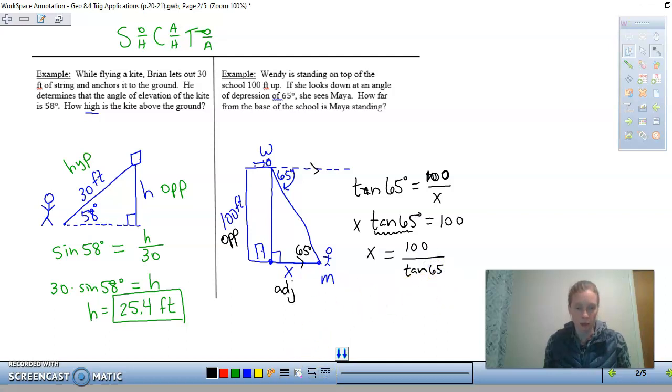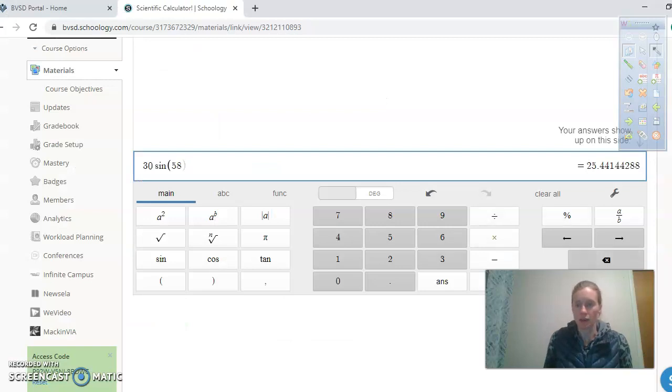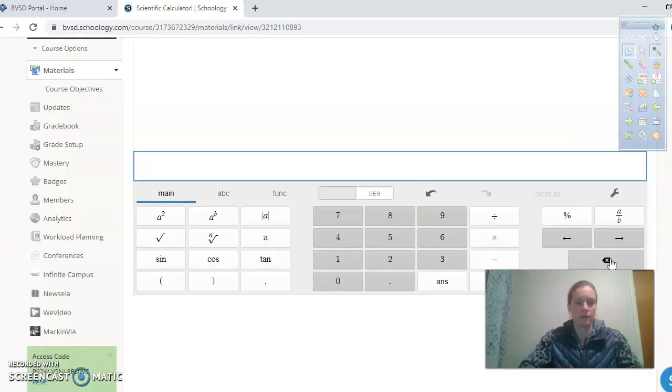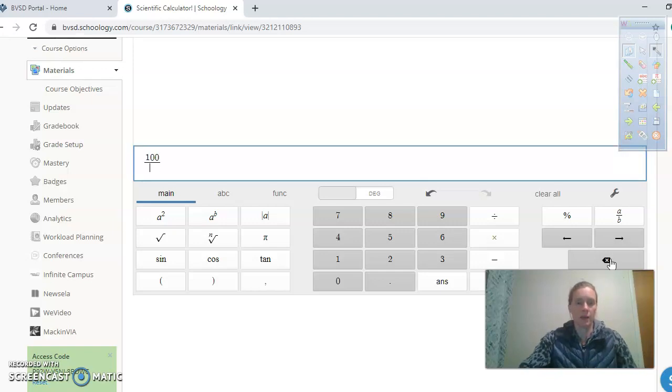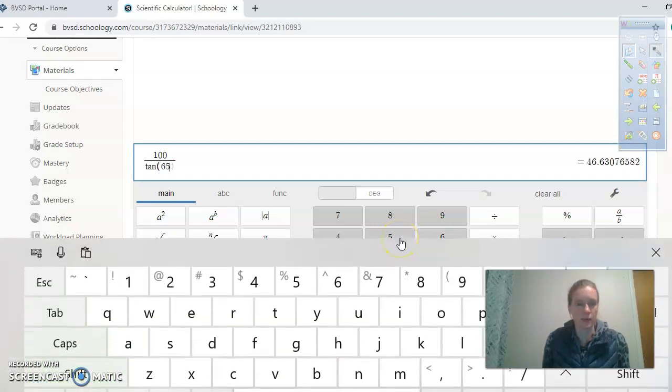So we go over to our calculator. It's 100 divided by tangent of 65. I'm going to clear this out. Okay, and then I'm going to do 100 divided by, and then hit tangent 65, just like we had in our equation. And then notice we have an answer here of 46.6.